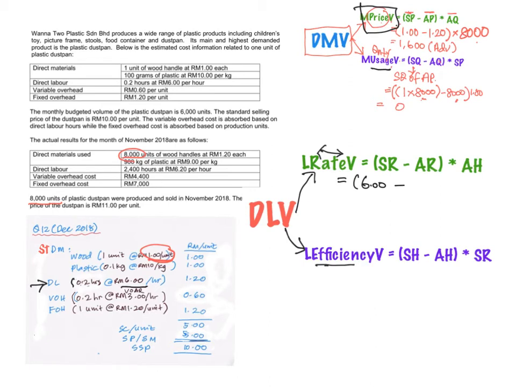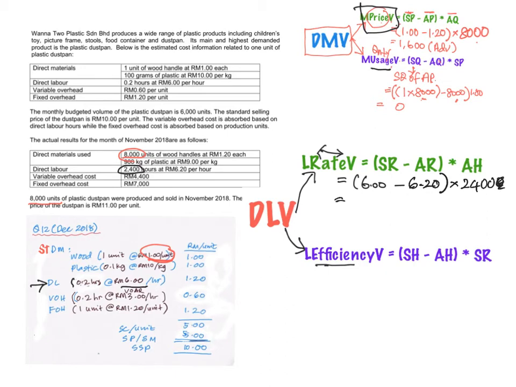We go back to our data here, the actual results from just now. As you can see, we have 2,400 hours worked at 6 ringgit and 20 cent per hour. So this is your actual rate, 6 ringgit and 20 cent, which you write here, and then times it with the actual hours. Your actual hours is already given to you here, which is 2,400. So times it with 2,400.